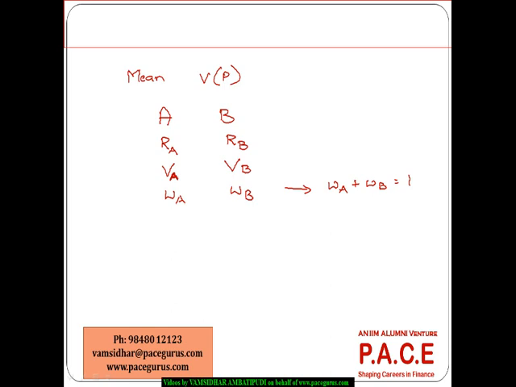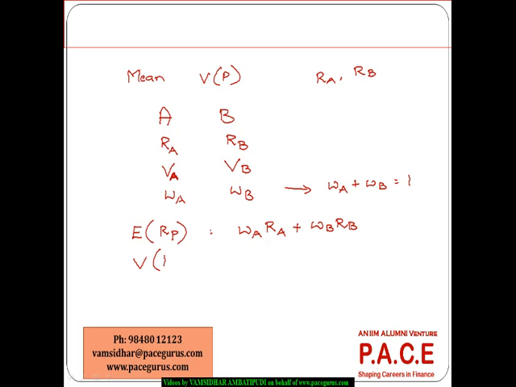Now, the expected return of the portfolio is nothing but WA RA plus WB RB, which is a clear indication that if I have to compute the expected return, I need the individual returns RA and RB. That's one thing which I require.